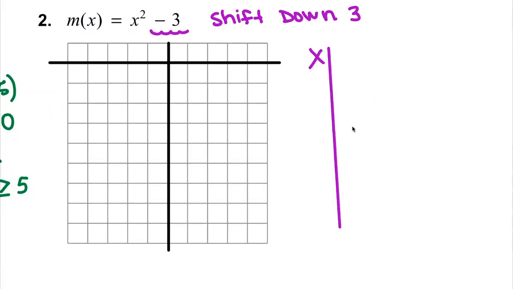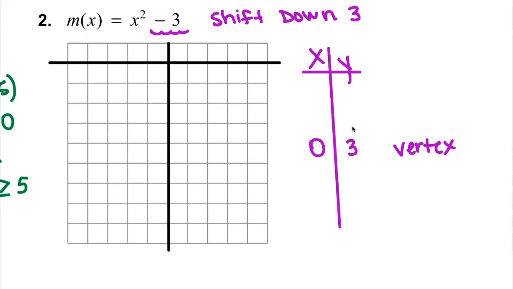So when I make my XY chart, I'm going to plug 0 in for x first. That's where our vertex is going to be. Now, if I plug 0 into x squared minus 3, then our y value is going to be negative 3.